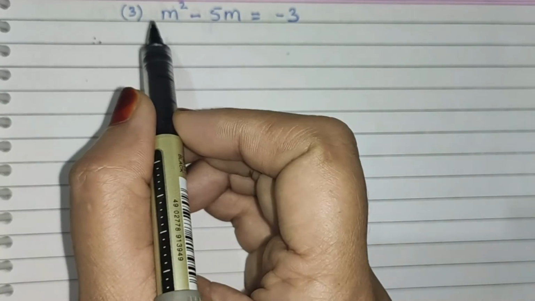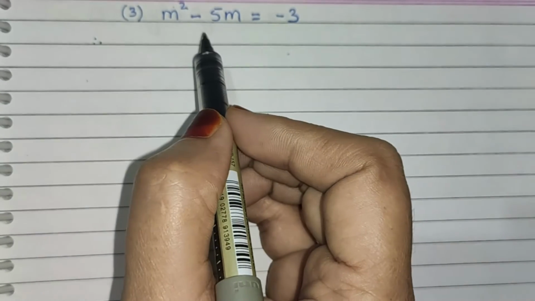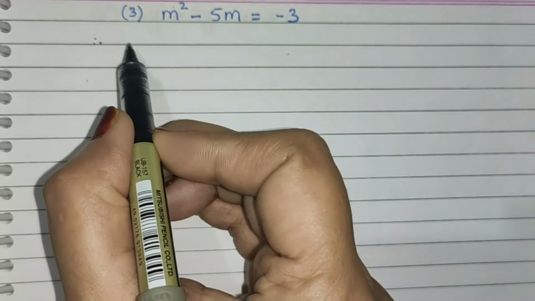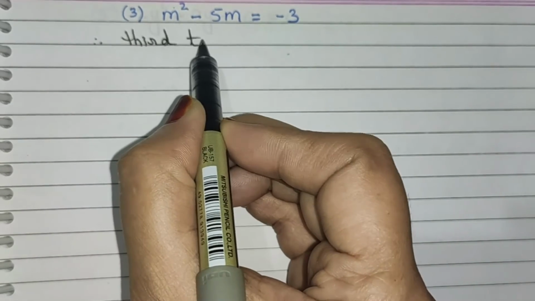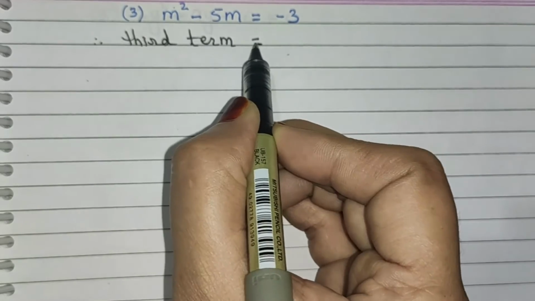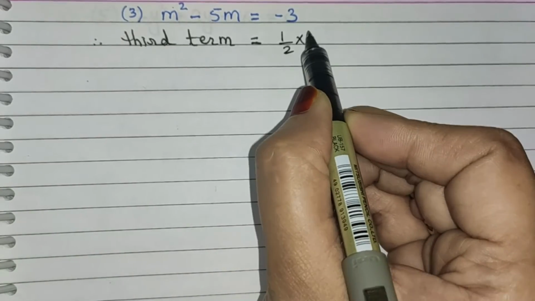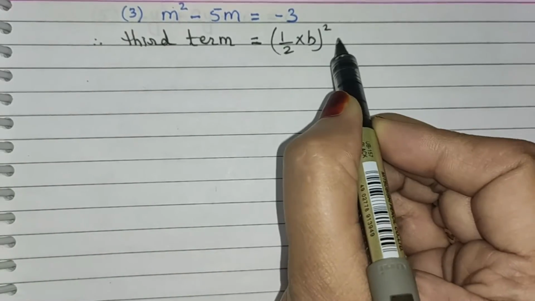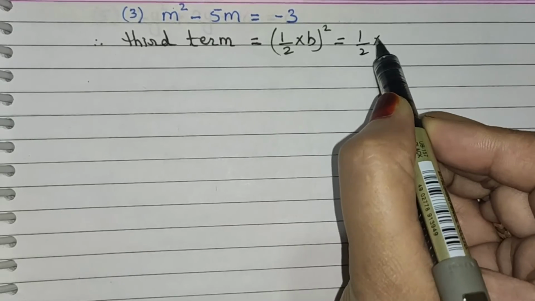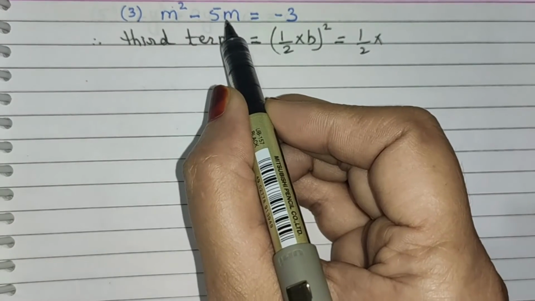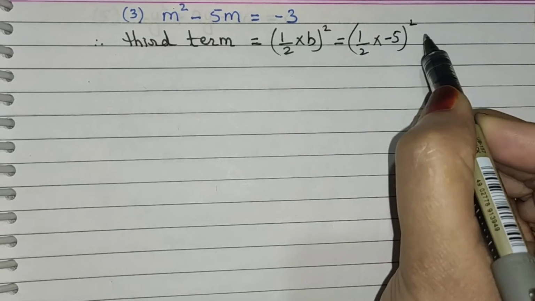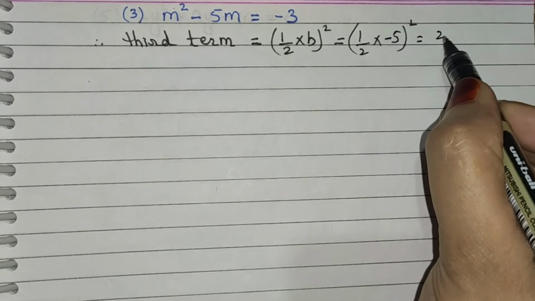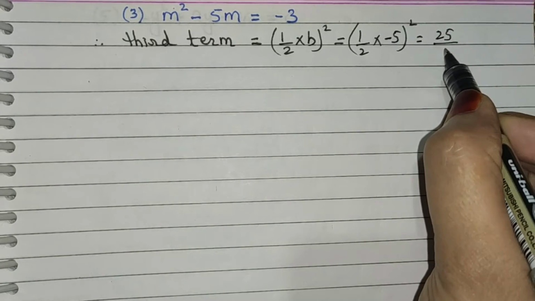Therefore, we make left hand side a perfect square by using third term. Now, third term is equal to 1 upon 2 into b, whole square. Now b is the coefficient of m, which is -5, whole square. Therefore we get here 25 upon 4.